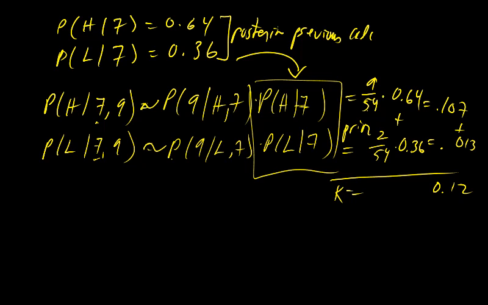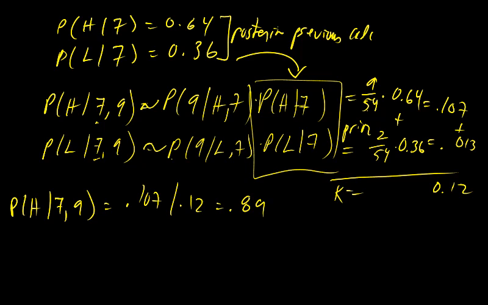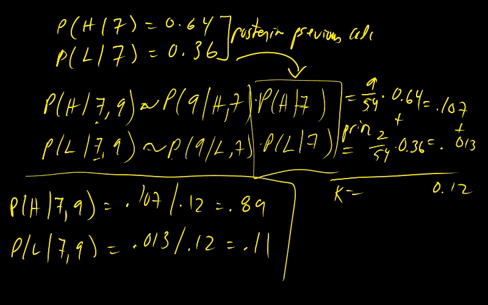Now we go back and we do the equal sign. 0.107 divided by the k, 0.12, and this gives me 0.89. Probability of the low given a 7 and a 9 equals 0.013 over the 0.12. This gives me 0.11, and these are the final results.